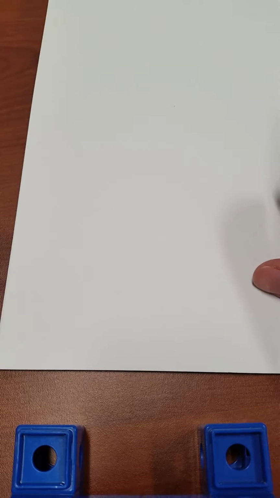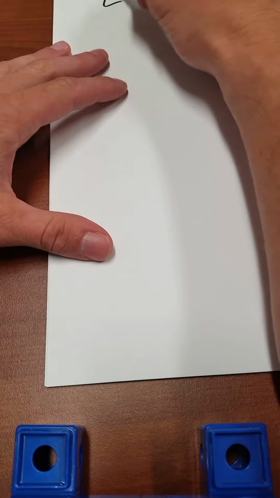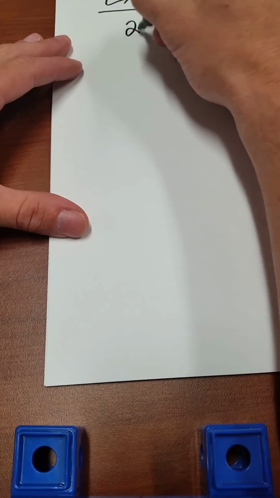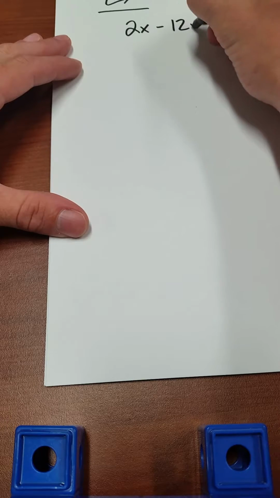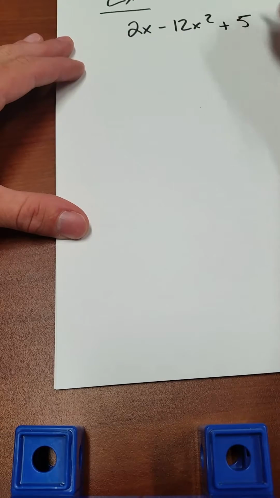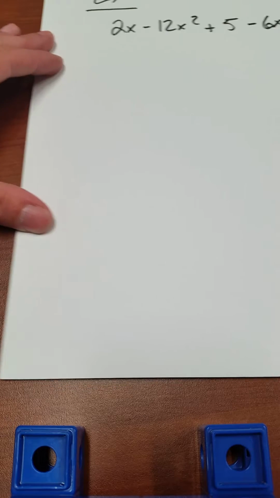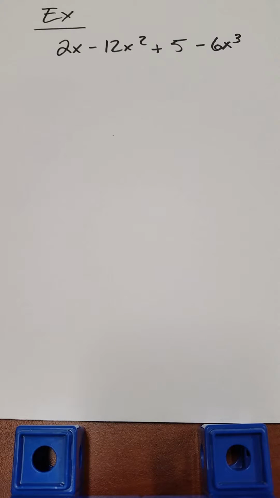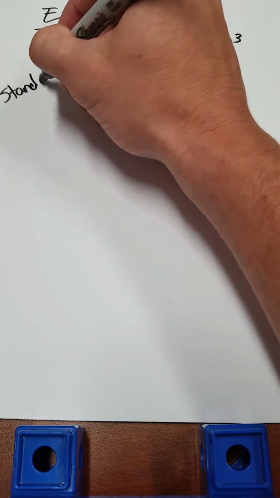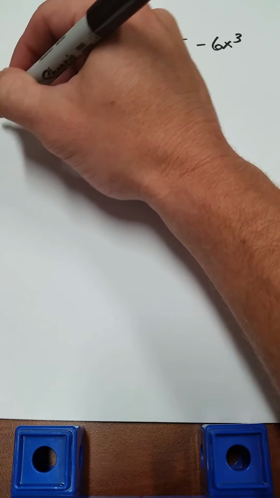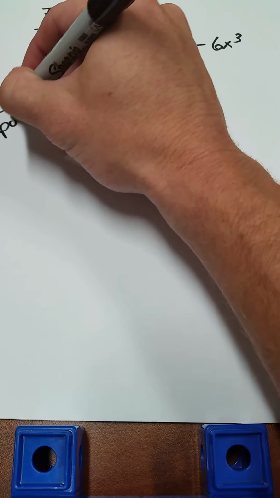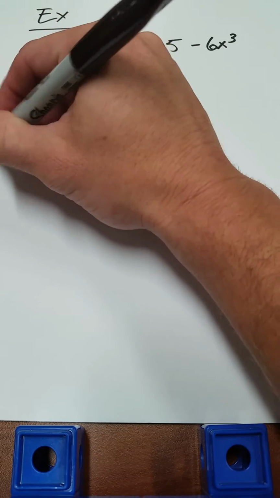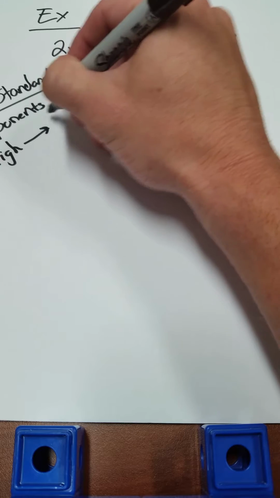So here's our first example problem. Okay, so there's our polynomial. It is ugly. It's not in order at all. So we need to get what's called standard form. Okay, standard form. That simply means my exponents go from high to low.